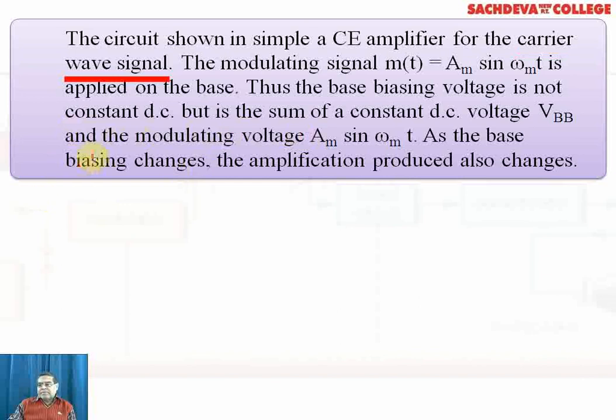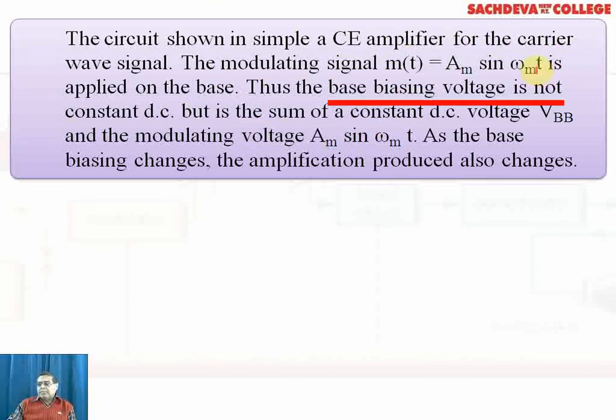The amplifier can use either a PNP transistor or an NPN transistor. The circuit is a simple CE amplifier for the carrier wave signal. Wherever we use the term signal, we are referring to a wave. The carrier wave signal and the modulating signal MT, which is equal to AM sine omega MT, is applied on the base.